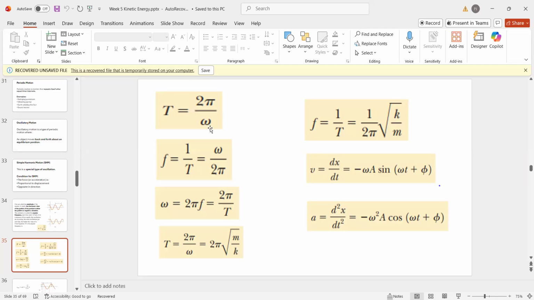I think we have another formula which is 2 pi f, where f is inversely related to the time. Great. The omega is 2 pi f. So if omega is 2 pi f, take your f, and f is equal to 1 over t.